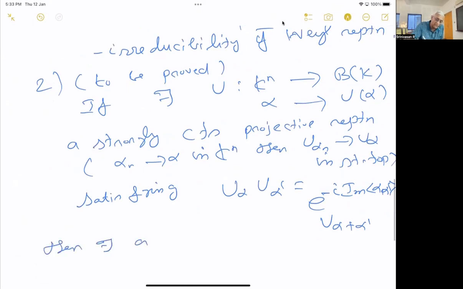there exists a Hilbert space. This K is a Hilbert space, that's what you asked. Some Hilbert space. B of K, we fix this notation: B is the bounded operators on K. Then there exists a Hilbert space, I mean, we use small letters because it can be infinite dimensional, but we use small letters to show it's a small Hilbert space compared to the big one.